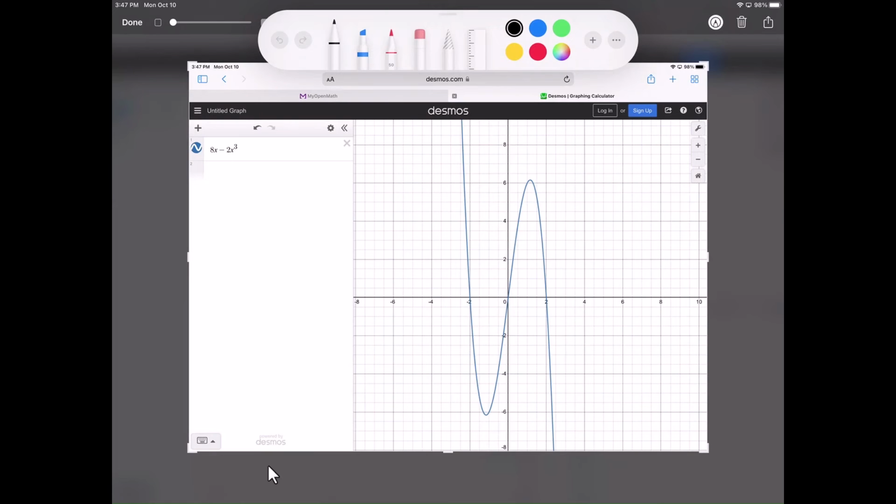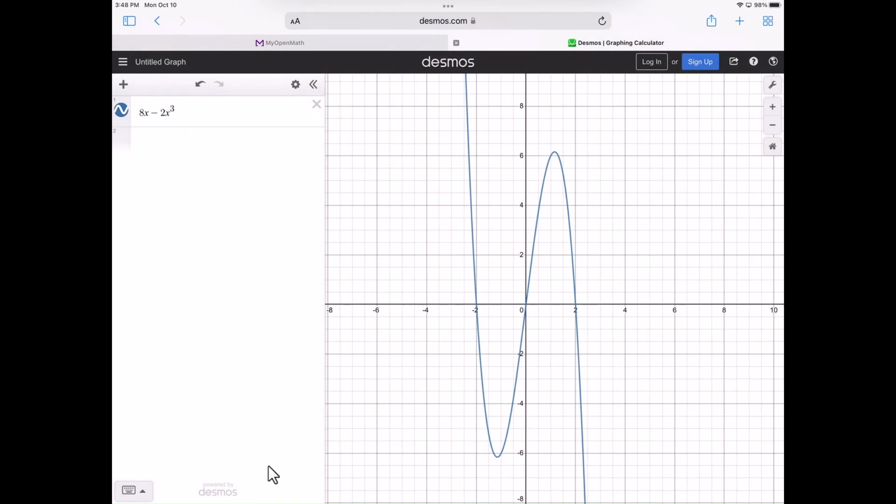If I want the maximum for my area, I'm focusing in on this point right here. The x value of this point will be our answer for our x value. Let's look at that on Desmos. We can tap, and it says 1.155 is the x value for that point.